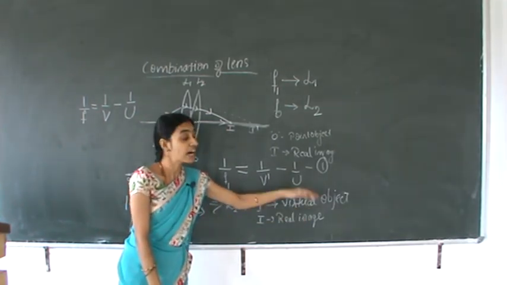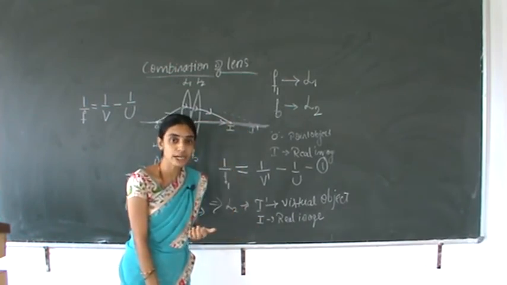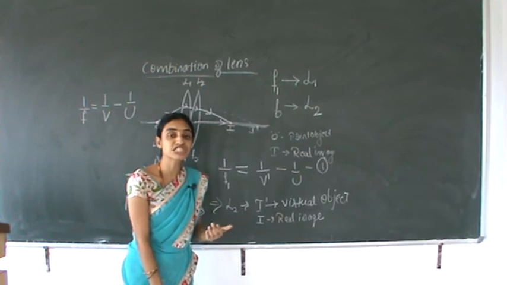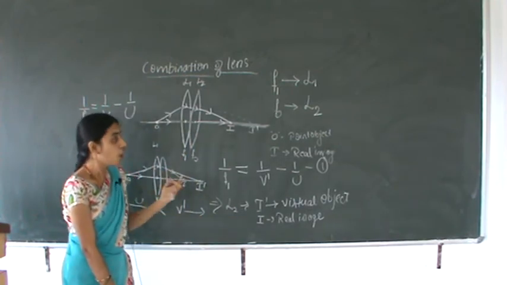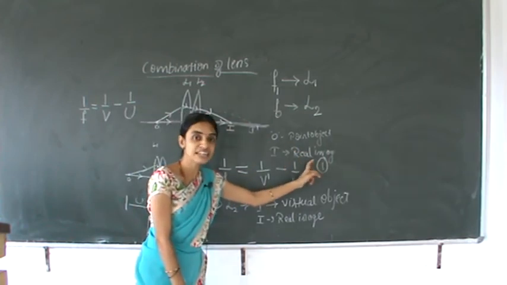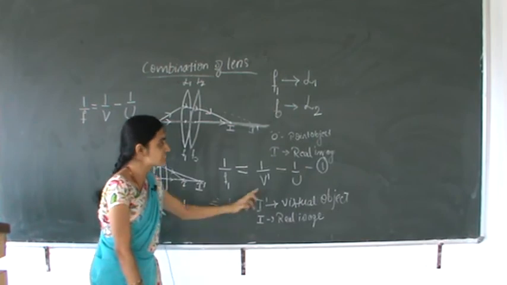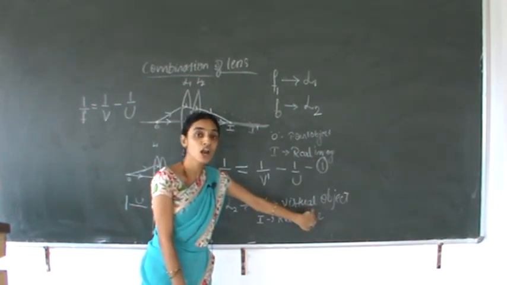When converging rays are made incident on an optical medium, and after refraction they finally meet at a point. What you should remember is, in the first case that image was real, and for the second case that real image acted as a virtual object.